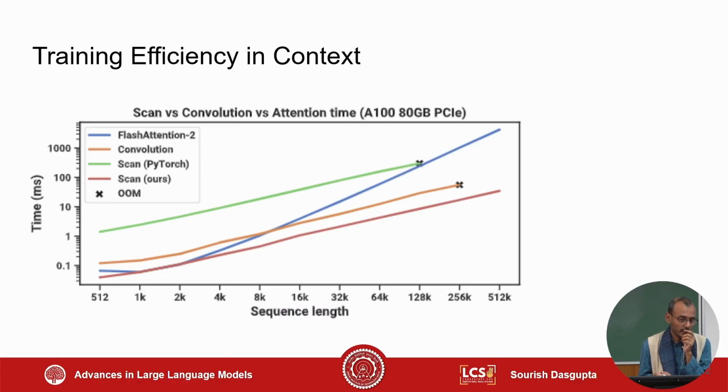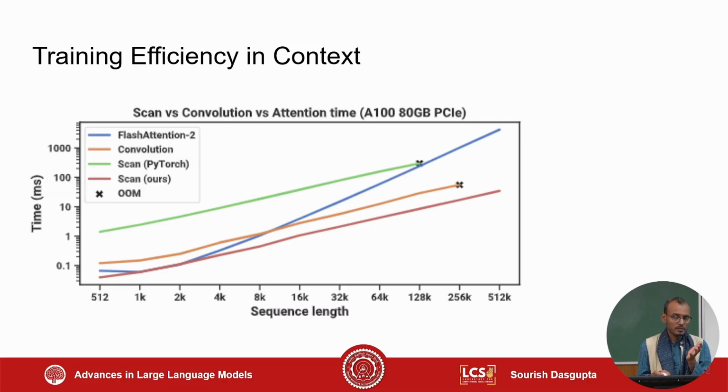And if you look at the training efficiency in context, the red one is the linear time prefix scanning of Mamba, and it's pretty much linear as the sequence length increases.